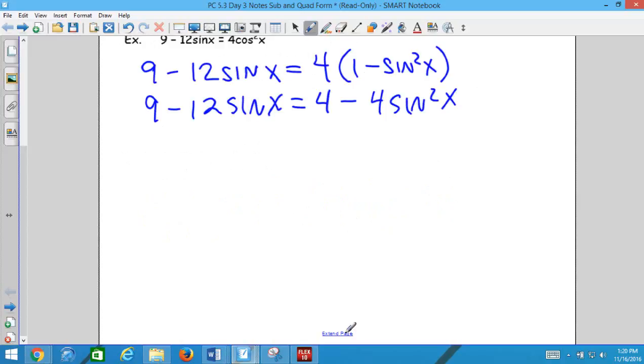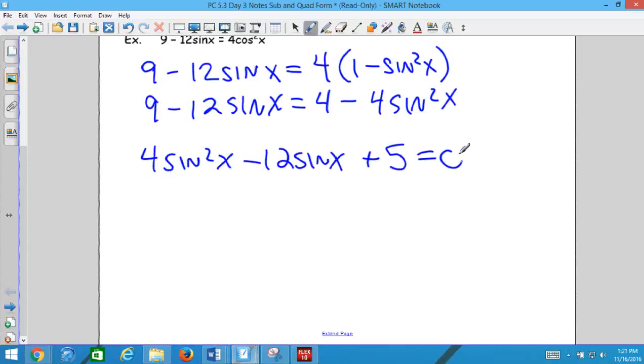Then we need to make this equal to 0 and factor it. So I'm going to move over the 4, move over the 4 sine squared x. So I set it equal to 0, and then we're going to factor it.